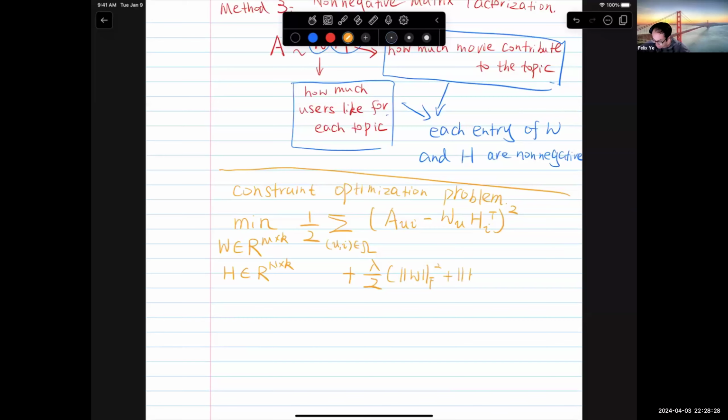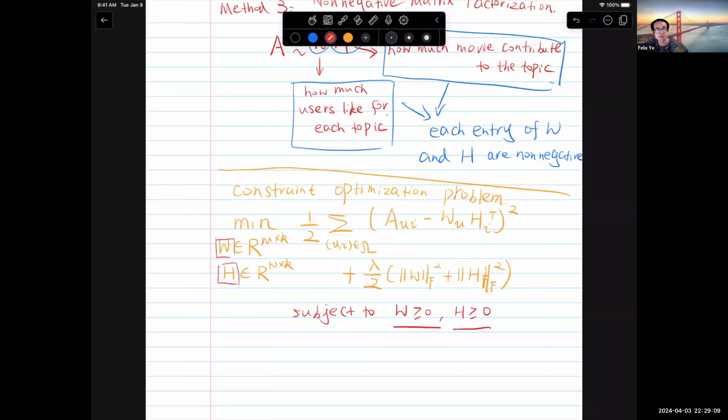This is exactly the same. So what is the difference here? I'm going to add the constraint: subject to W greater than or equal to 0 and H greater than or equal to 0. W and H are rectangular matrices, so using this notation means each entry has to be non-negative.